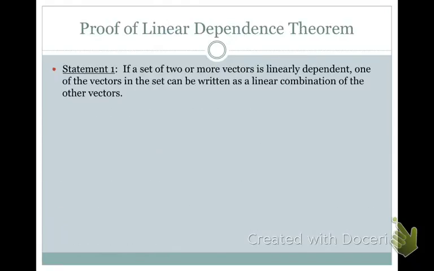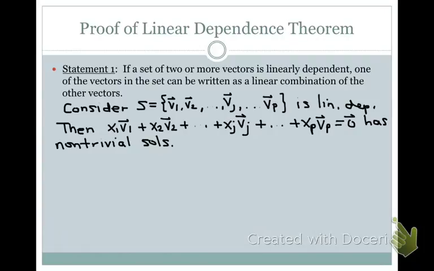So I'm not going to write down the steps that we used to prove the statement. What I'm going to do actually is just go through the process, and you'll see the steps as the proof evolves. In the first statement, what we are given is that we have a set of two or more vectors that is linearly dependent.